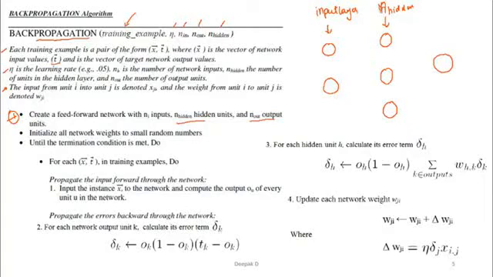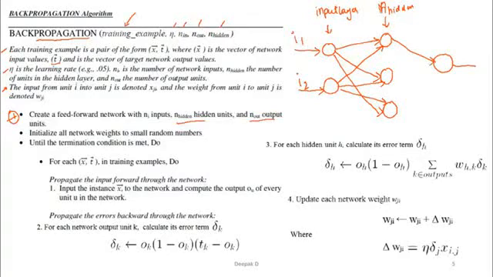So each and every node in the input layer is connected with the hidden layer nodes. You can see here, this is your input node 1 and this is your input node 2. Similarly, I2 is also connected to the hidden layer, and the nodes in the hidden layer are connected to the output layer neurons.